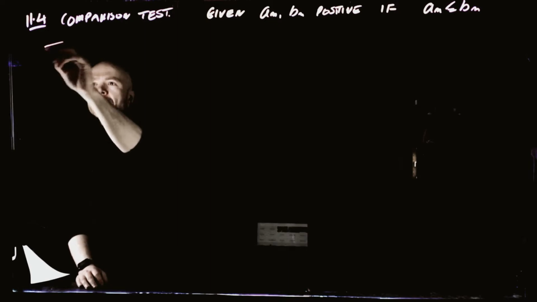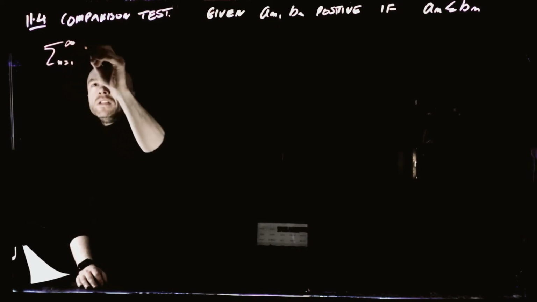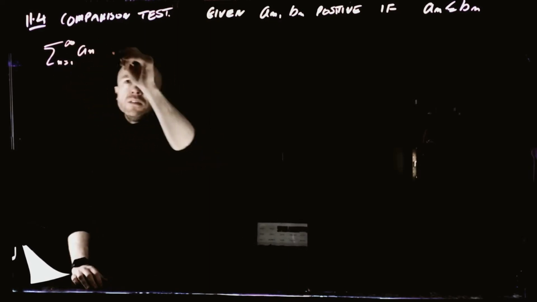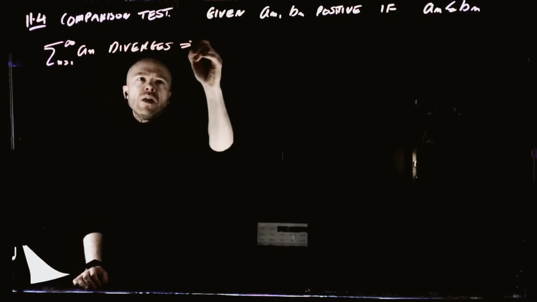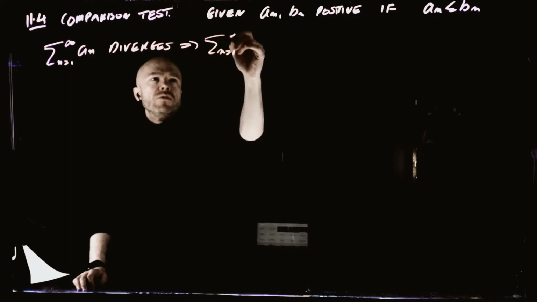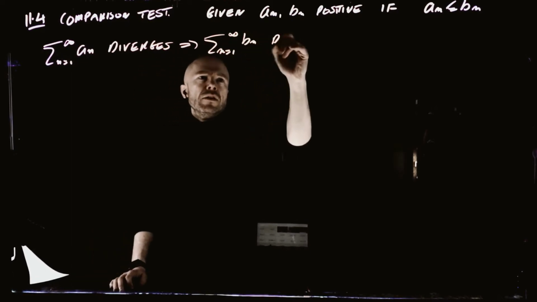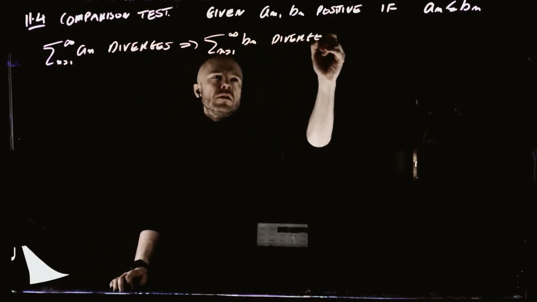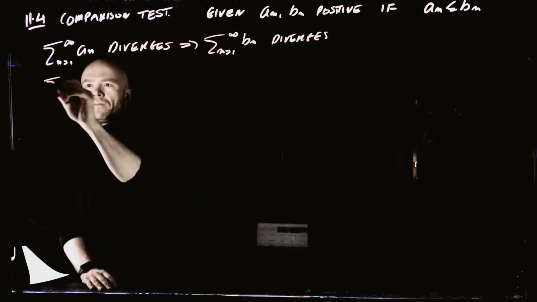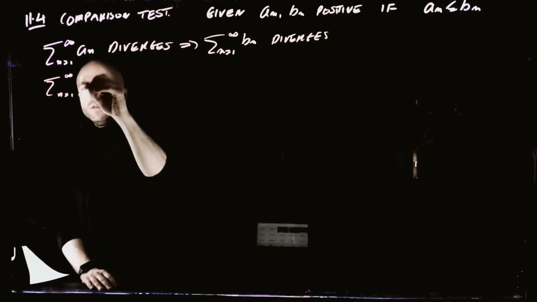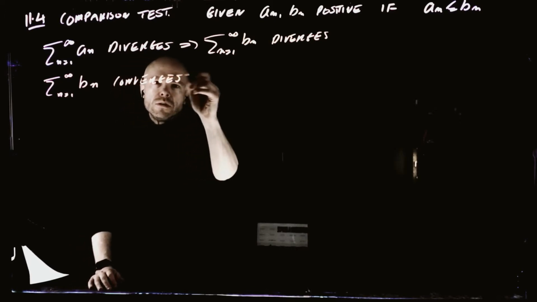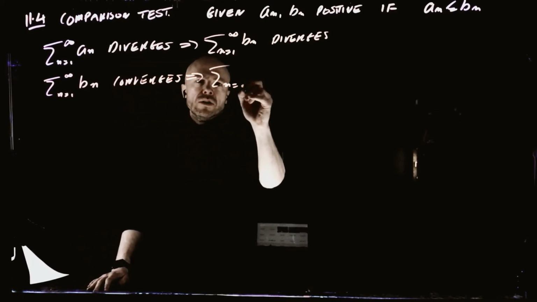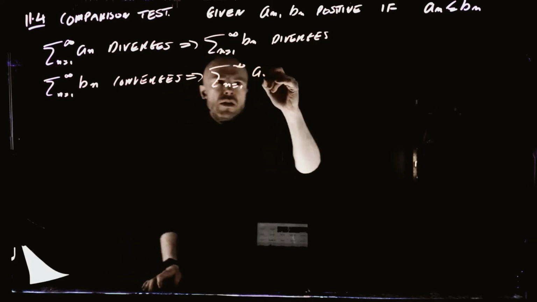If the sum n equals 1 to infinity an diverges, this implies the sum n equals 1 to infinity bn diverges. And if the sum n equals 1 to infinity bn converges, this implies the sum n equals 1 to infinity an converges.